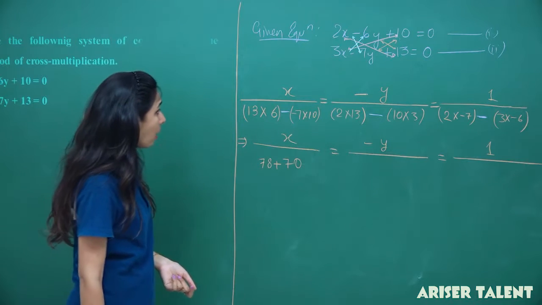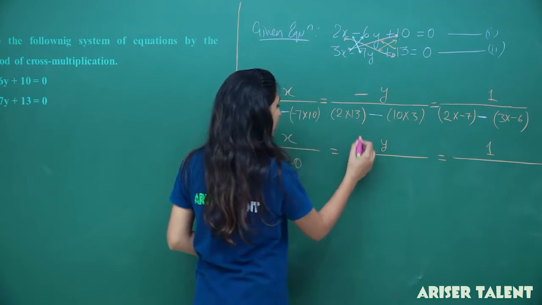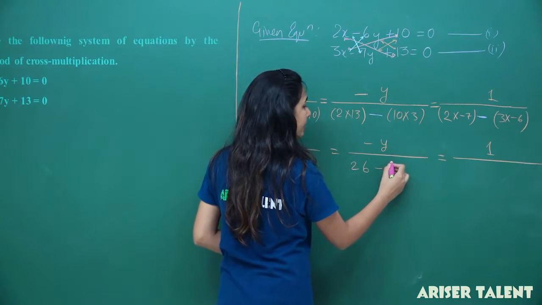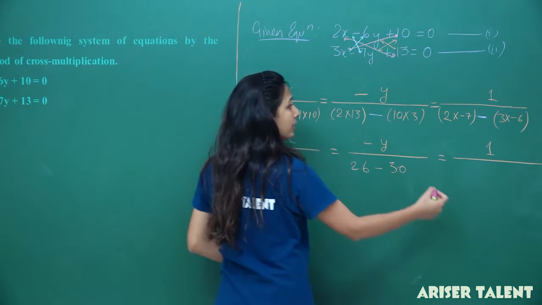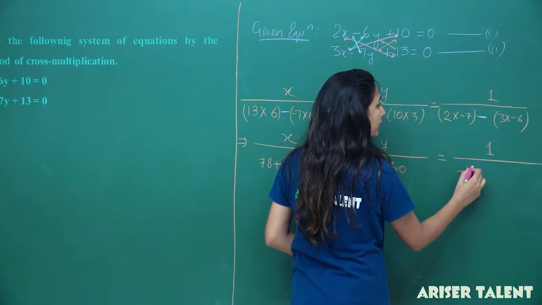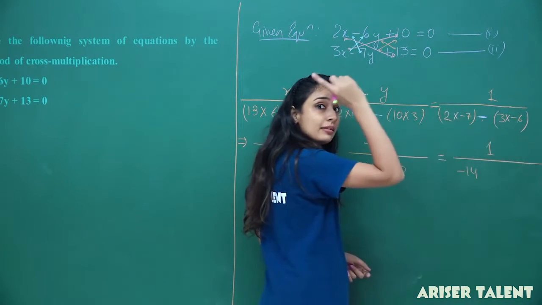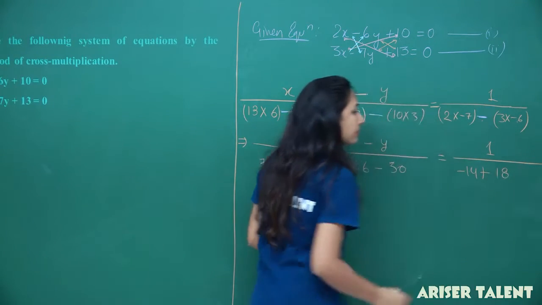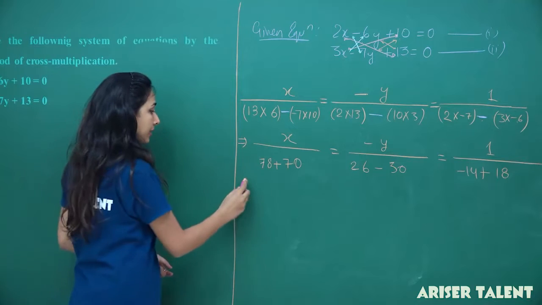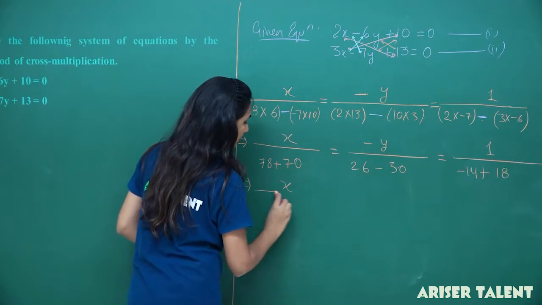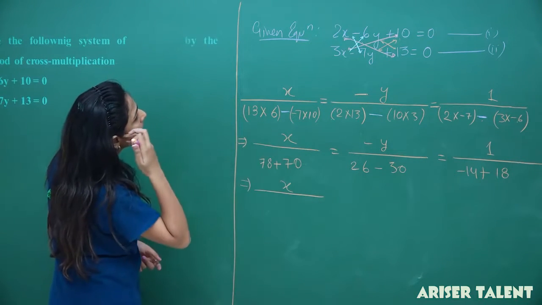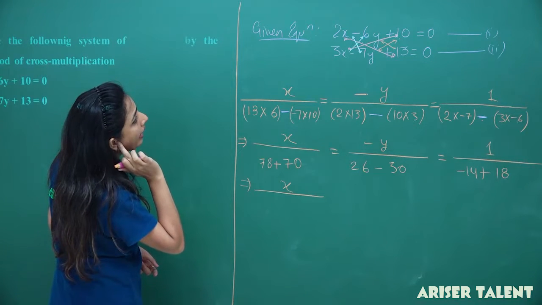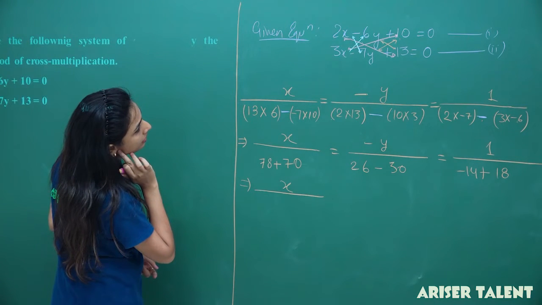Okay, now minus y, 26 minus 30, 1, that is minus 14, minus again plus 18. Right, that will become, that was 13 and 6.